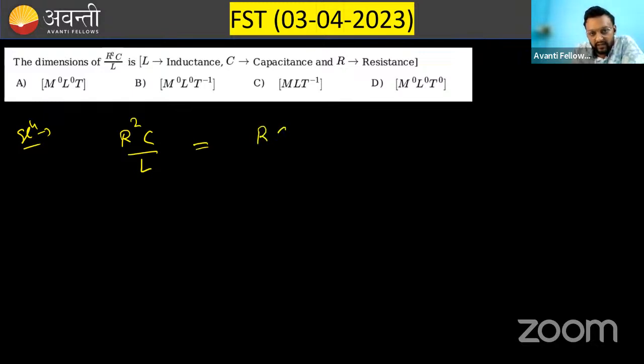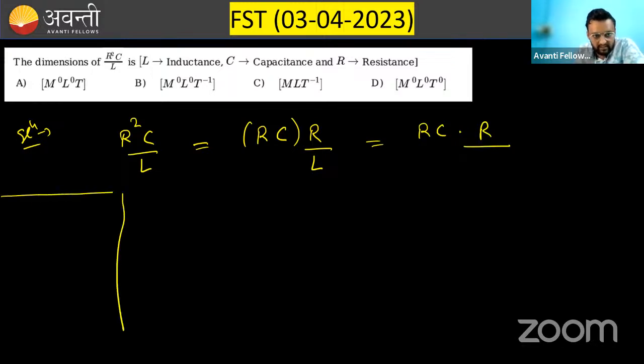So I am writing it in this way: RC, one R is still remaining, divided by L. RC is nothing but time constant, and it has the dimension of time. R is resistance, with unit ohm. L is inductance. Now, it becomes RC into R over L. And again, I'm doing it on the side: you know that XL is equal to omega L.